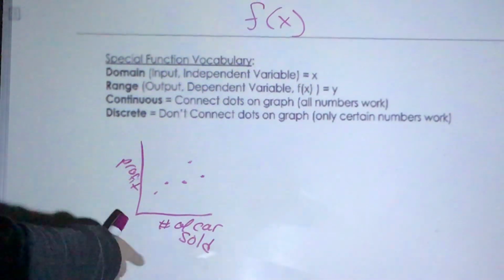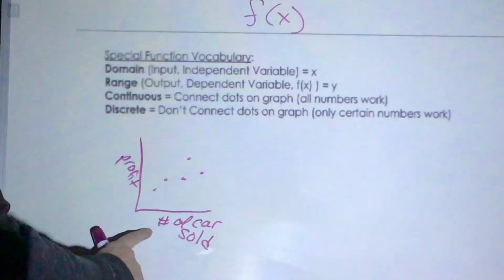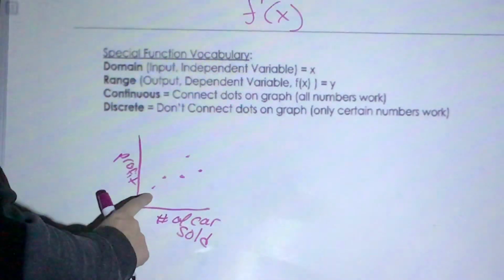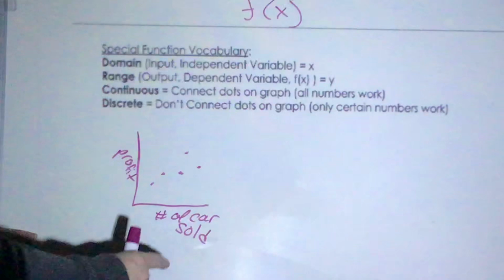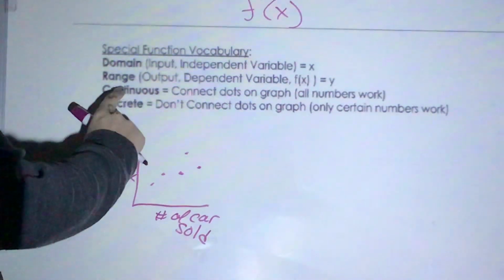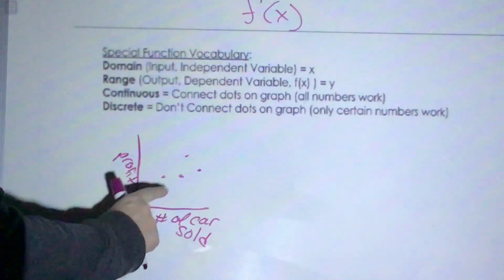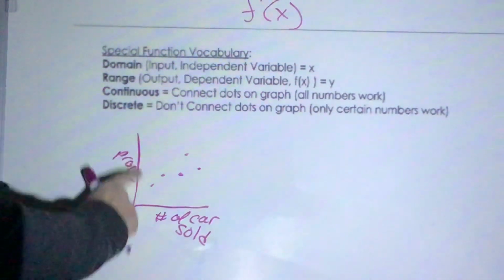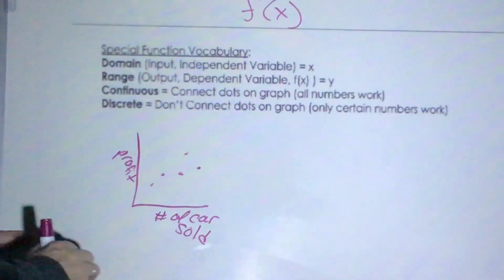In math, we kind of start just connecting them because people like to see the dots connected. But sometimes when you see them not connected, it's because the person is saying not everything works. So if it's continuous, that means you connect the dots because that means everything works. If it's discrete, you don't connect them because only certain numbers work.